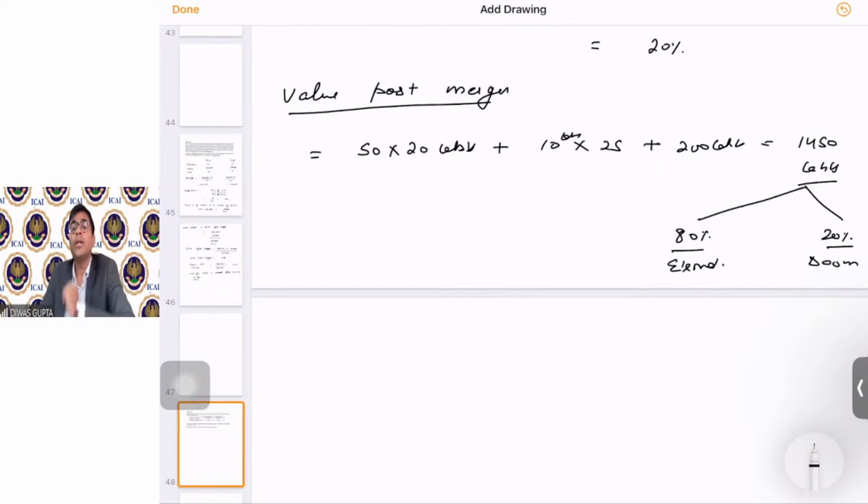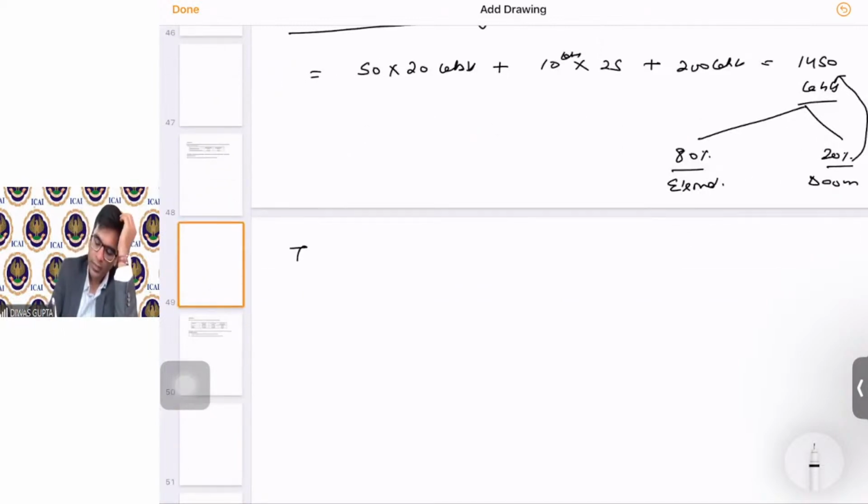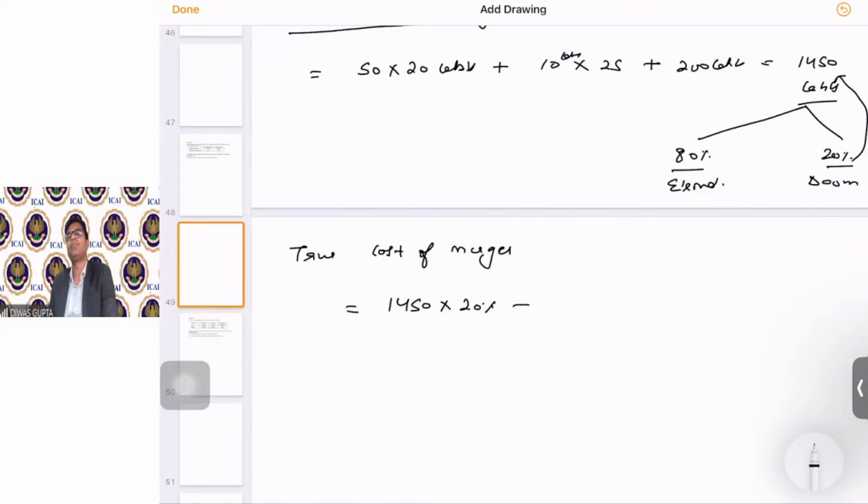Now, as I told you, the true cost of merger from Elrond's point of view will be the gain to the shareholders of Doom. Gain to the shareholders of Doom will be 20% in this 1450. So let me write down the formula. True cost of merger will be calculated as 1450 into 20% minus what was their initial value before merger? 10 lakhs into 25.